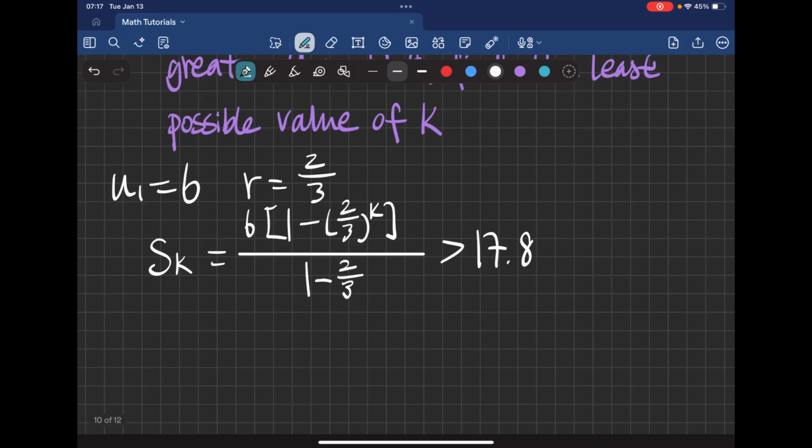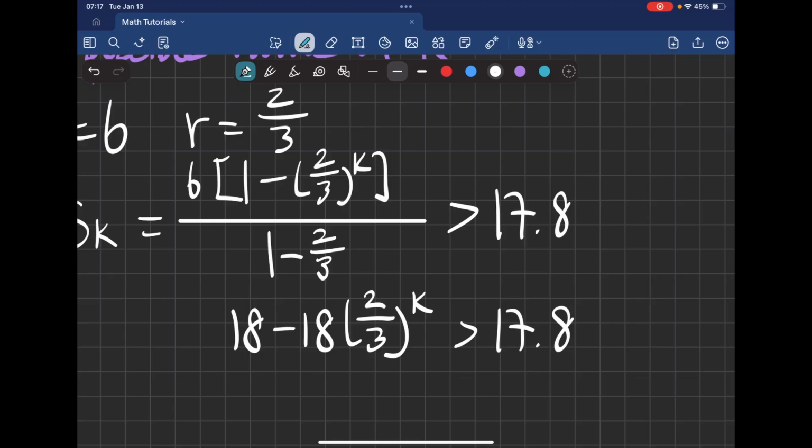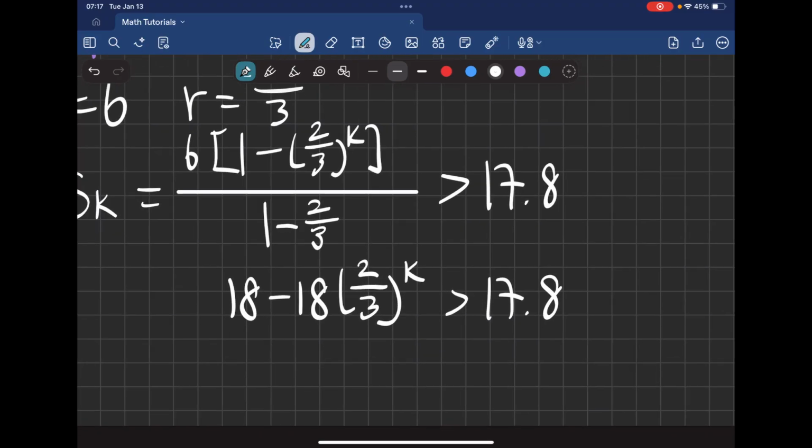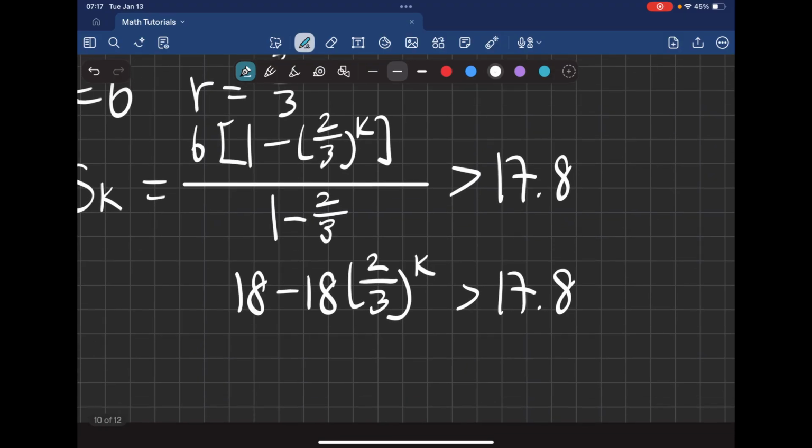Then we can just keep simplifying this. It will lead us to 18 minus 18 times 2 over 3 to the power of k, and then that will be greater than 17.8, because 1 minus 2 over 3 is 1 over 3, and 6 divided by 1 over 3 is just 6 times 3, which is 18.